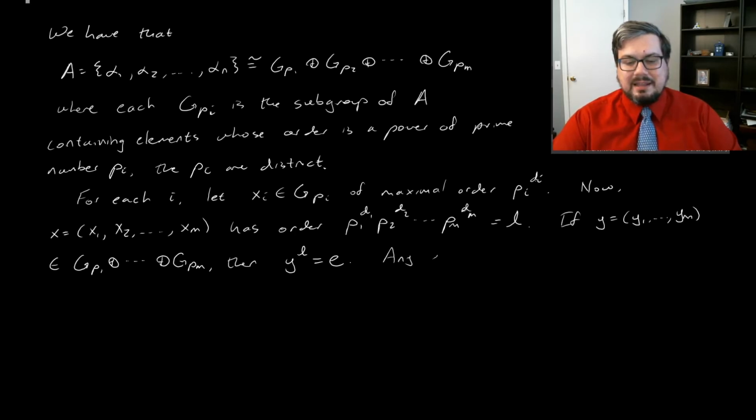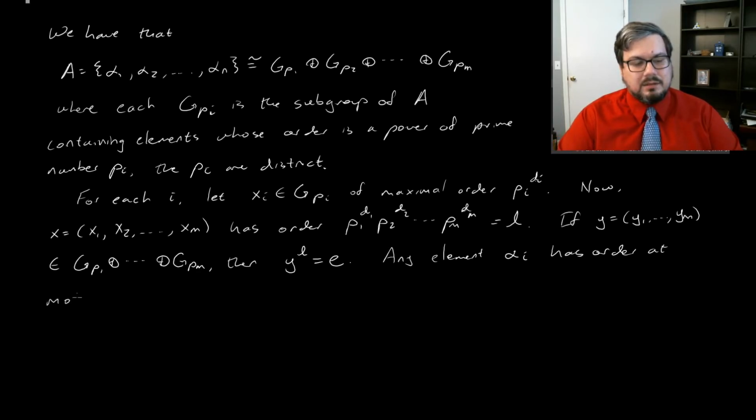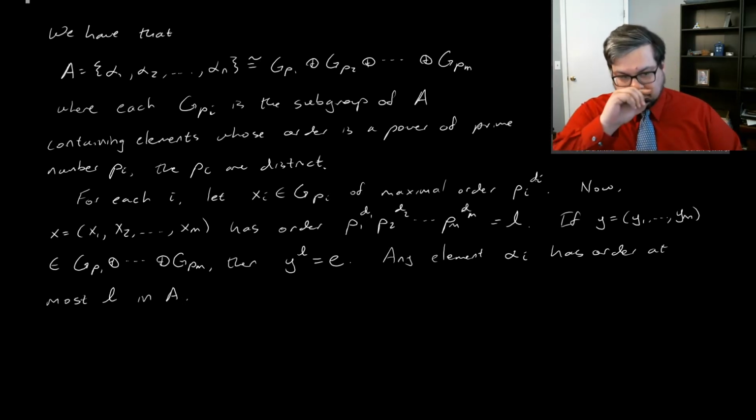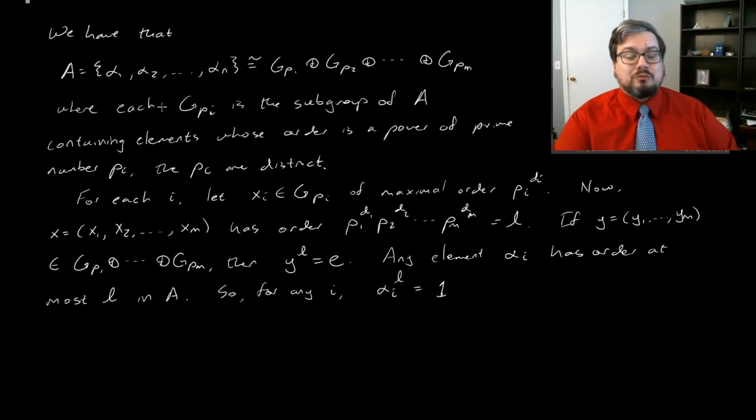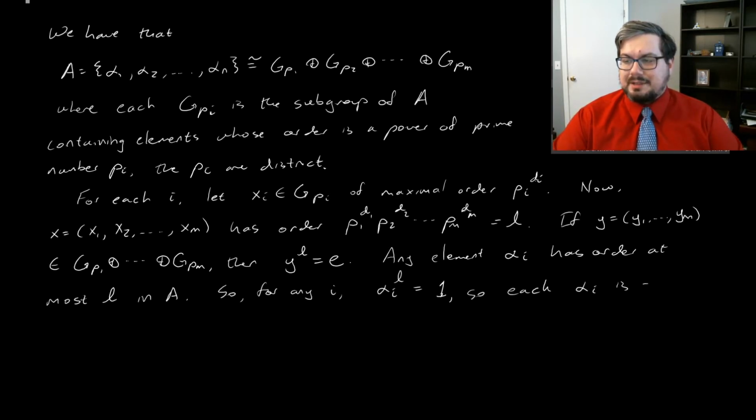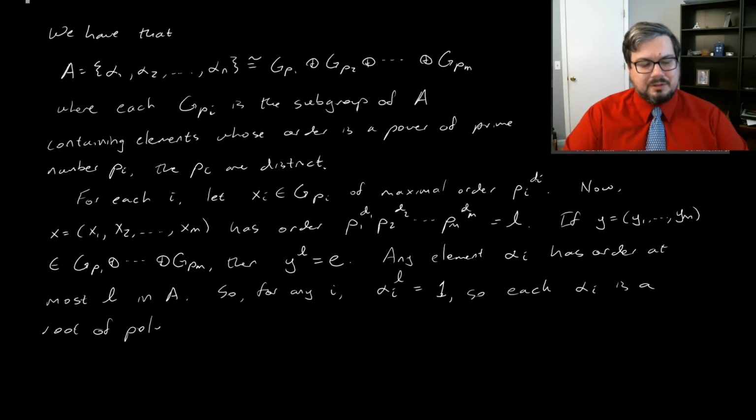So this means that any element alpha i has order at most L in the group A. So for any i, we have that alpha i to the L is equal to the identity element of A, which is actually just equal to 1. 1 is certainly a root of F, and it's also going to be the identity element of this subgroup of E. So each alpha i is a root of the polynomial x to the L minus 1.